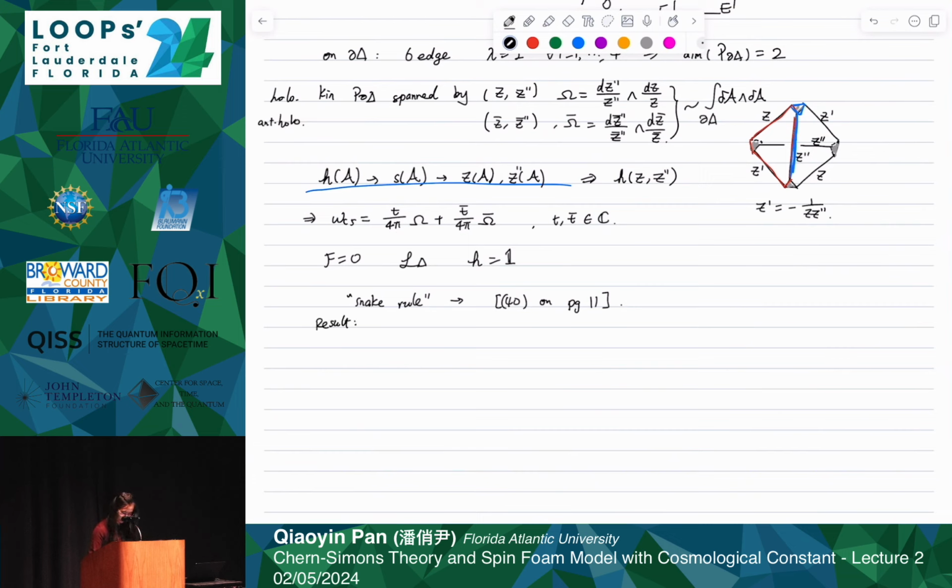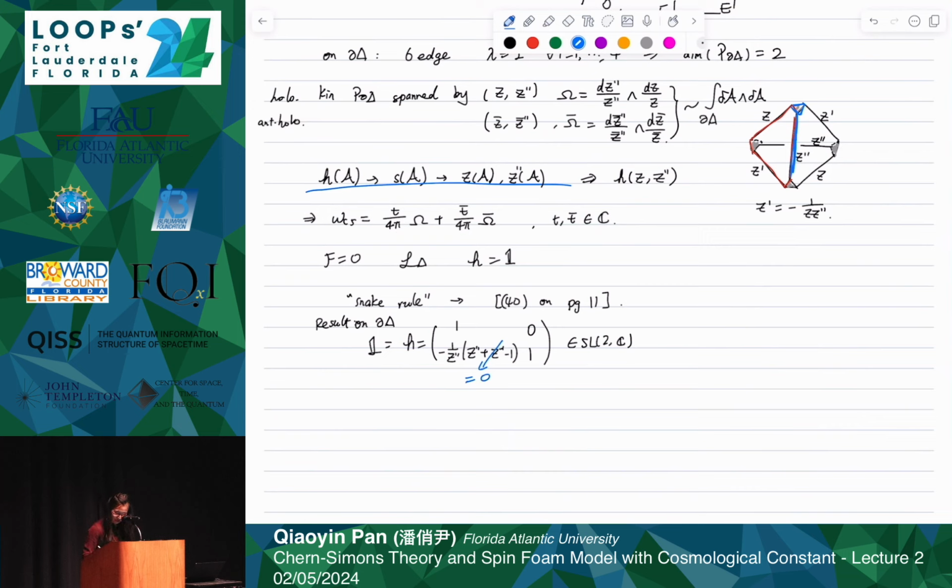The result is that on the boundary of an ideal tetrahedron, the holonomy in the fundamental representation has diagonal entries 1, 1 because the eigenvalue is 1 already. The off-diagonal lower triangular element is 1 over z double prime times (z double prime plus z inverse minus 1), and the upper triangular element is 0. This is in SL(2,C). If I require this to be 1, that just means that this must be 0.